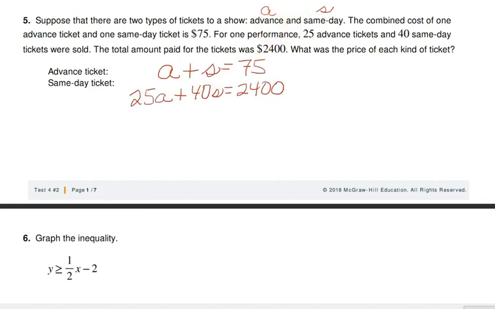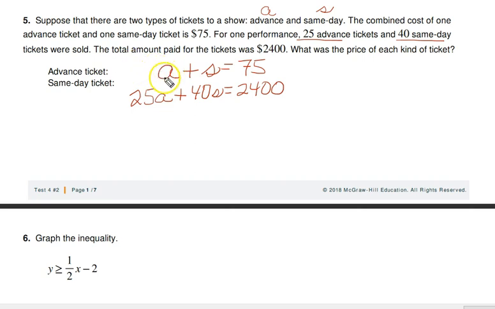So then we know that A plus S is 75. And we sold 25 advance tickets and 40 same-day tickets. And the total amount of money taken in was $2,400. So then our next step is, what method are we going to use to solve this?